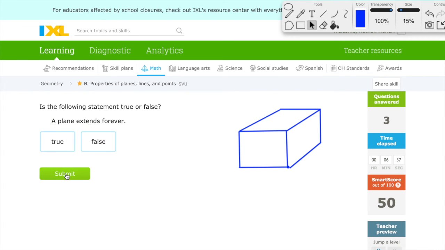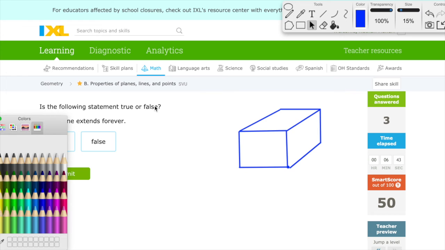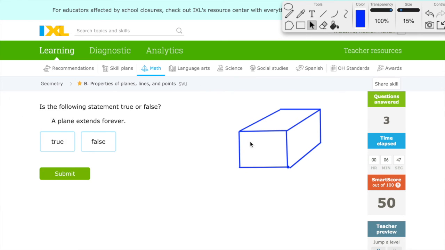A plane extends forever. So let's think about that one now. I'm going to change the color real quick. Let's go with red, and let's start with a line, then we'll probably go to a square. So we said, kind of like the front face of this shape that we made before, a plane is 2D.